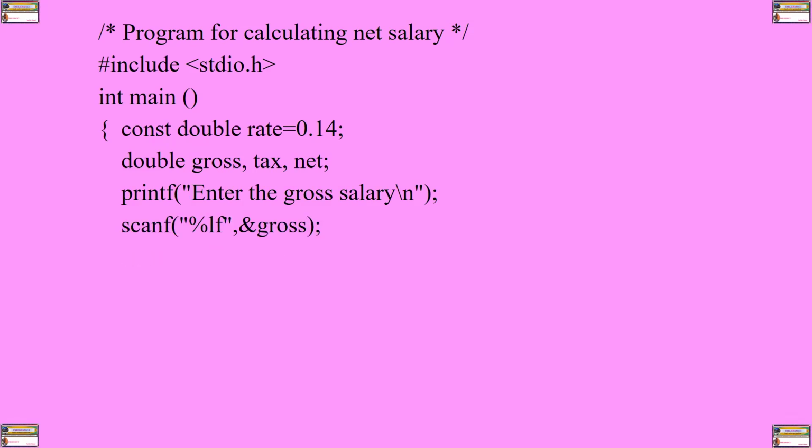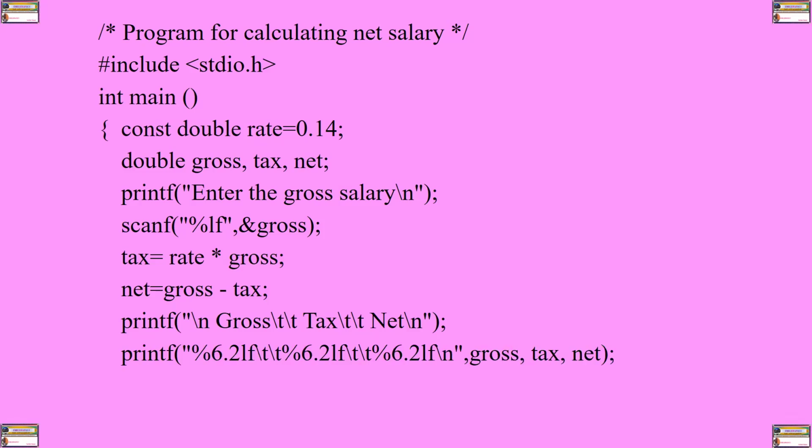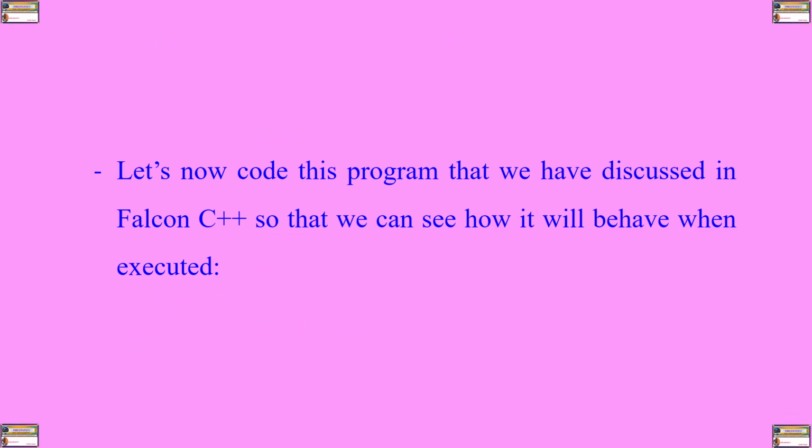Then we have operational statements. Then we have an output statement, which displays the ones on the screen directly. Then we have another output statement, which displays content from memory. And then we are turning control back to the operating system and ending our program. So let's code this program in C, that is using Falcon IDE, and then we see how this program is going to behave.